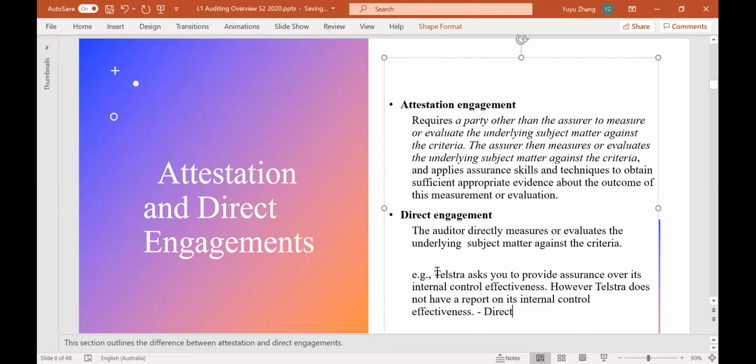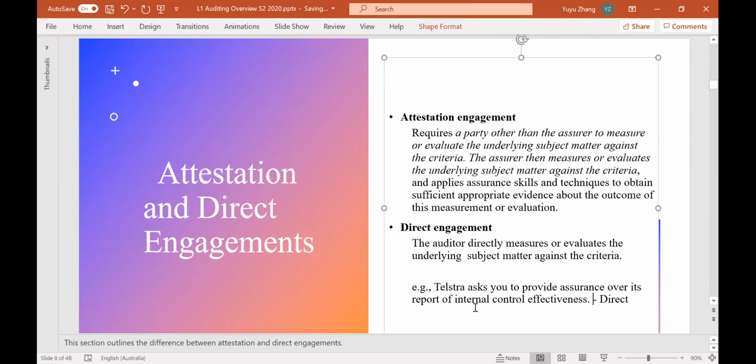So I'm going to change the words. Telstra asks you to provide assurance over its report of internal control effectiveness.